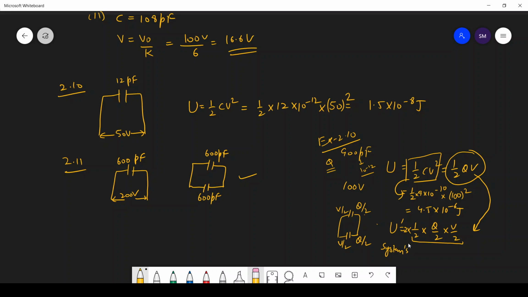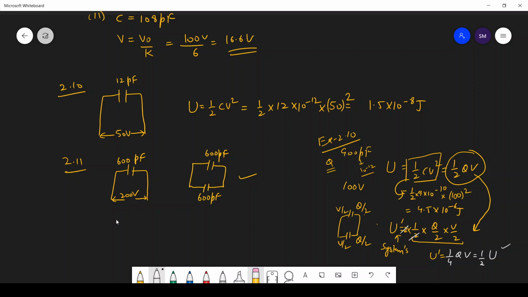So this is the system's new potential energy, so 2 will cancel out, and this is 1 by 4 QV. Initially it was half QV, so this is half of the original energy. Students, you will have MCQs directly on this in your NEET or even in CBSE. So in this system, the potential energy is reduced to half.